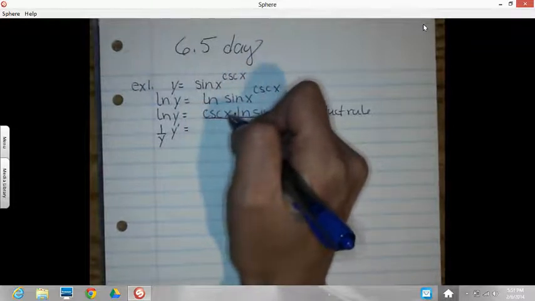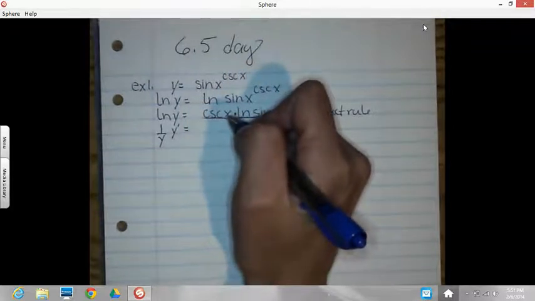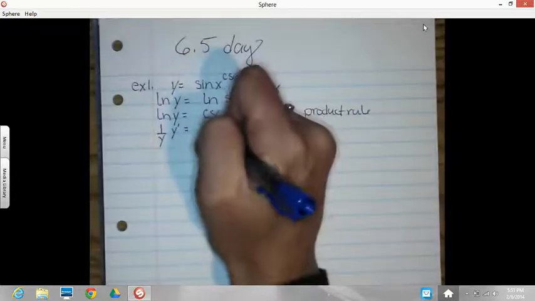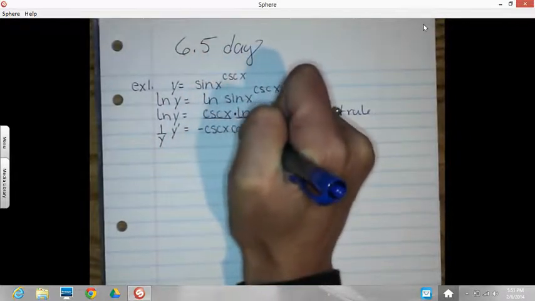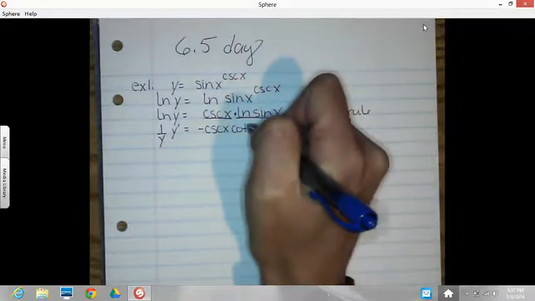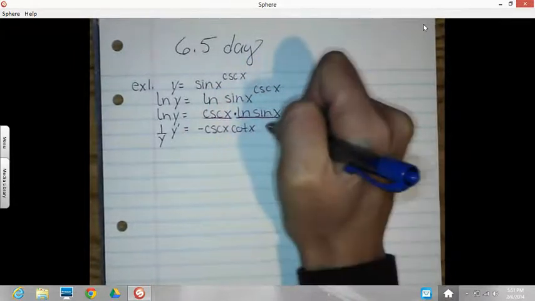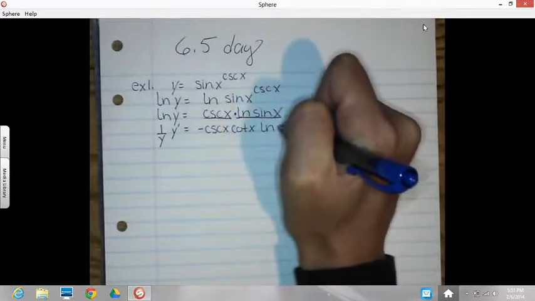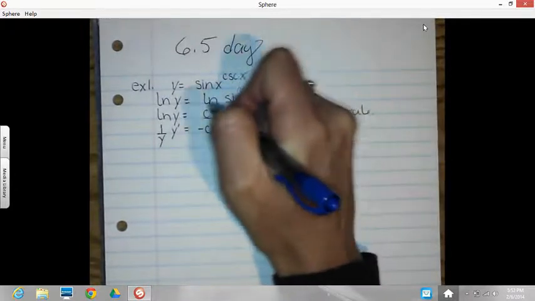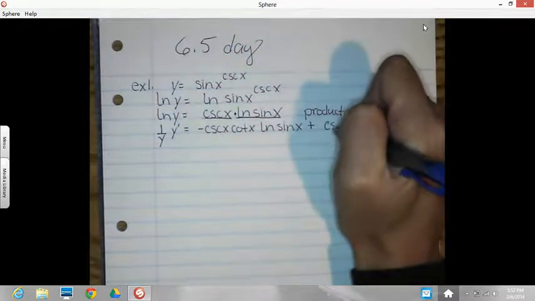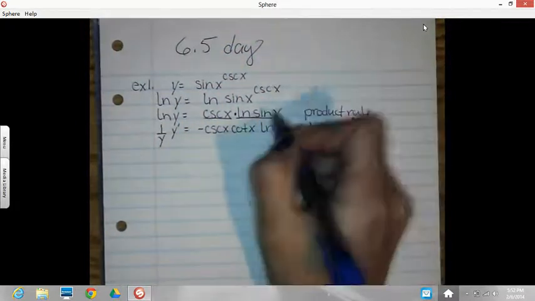Derivative of cosecant, I'm looking it up because I don't remember, is negative cosecant cotangent. So that's the u prime times the second term, the v term, plus, keep the first term the same, multiply by the derivative of the second term.